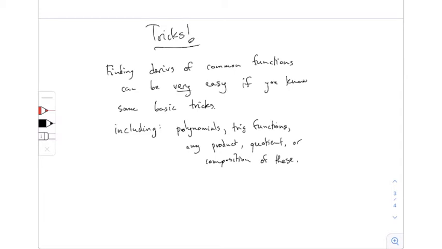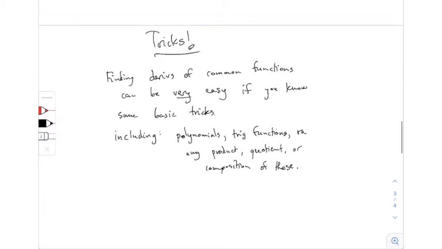Oh, I forgot to mention radicals. We have tricks for those too. Basically, any function that you know the name of, there's probably a trick to take the derivative of it, which falls into the general bag of tricks that we're going to be talking about over the next few times.